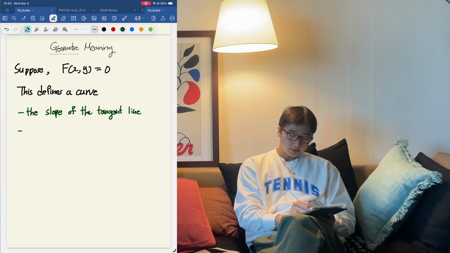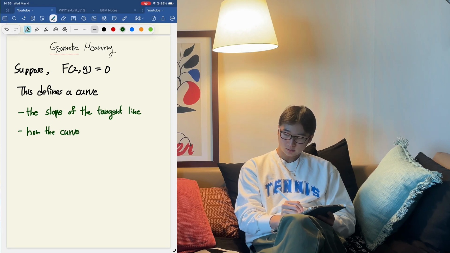And also, it lets us find how the curve changes at a point.